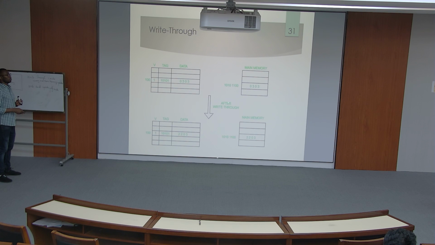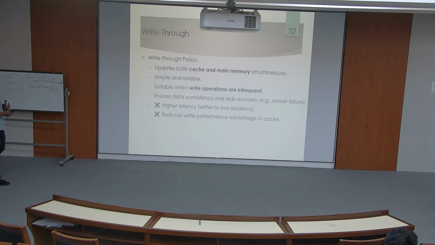And after the write through, the main memory and the cache memory have been updated for the same data. You can check easily that after the write through, both the cache memory and the main memory are updated with the same copy of the data. This is write through. Now, write through needs to update both main memory and the cache memory at the same time.